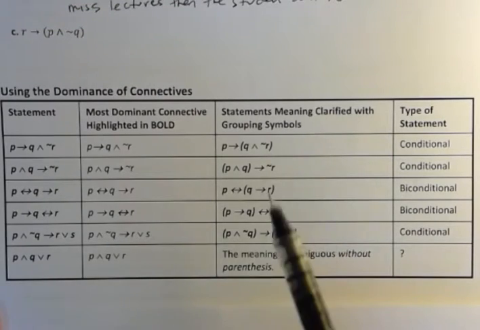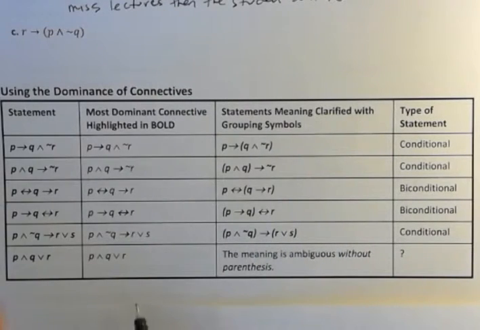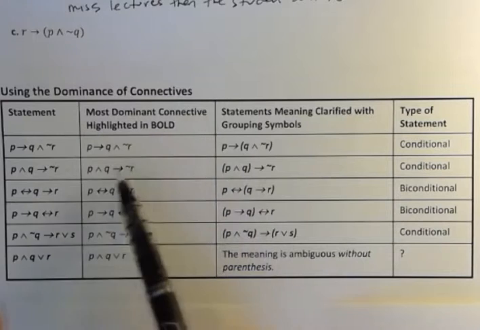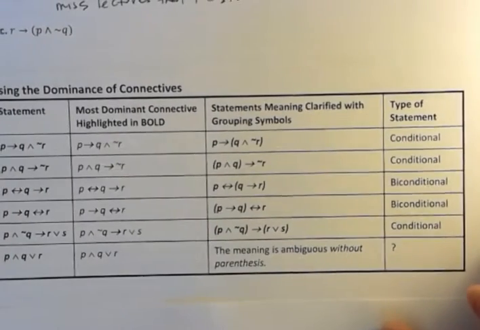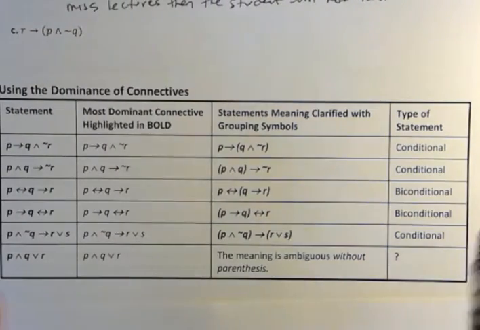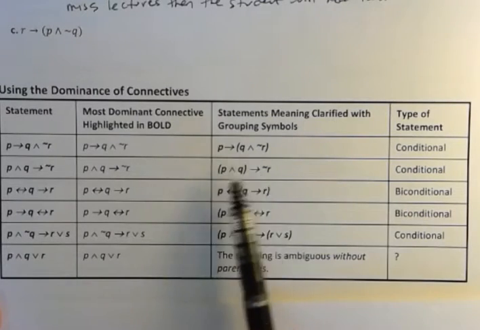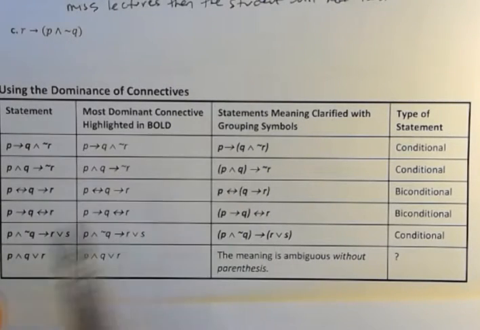I don't know until I put the parentheses in. So whenever you have a statement with multiple connectives, if it's not clear what you mean, you have to put parentheses in, just like you do in any other type of math. You put parentheses in to make things meaningful. So you can see where the dominant is, once you put parentheses around it, the dominant is that conditional, right? Or the biconditional. So the biconditional and the conditional, frequently you'll see that they're the dominant ones.